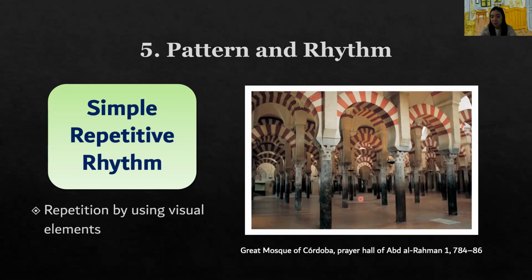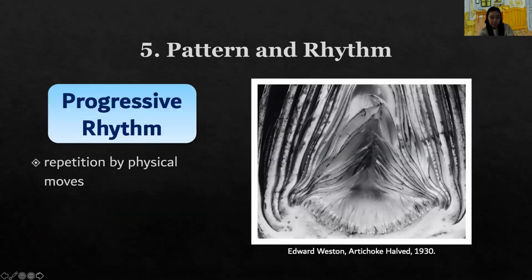This architecture uses the same colors and same patterns and same shapes to show the simple repetitive rhythm. And the progressive rhythm: repetition that regularly increases or decreases in frequency creates a progressive rhythm as the eye moves faster or slower across the surface of the work.